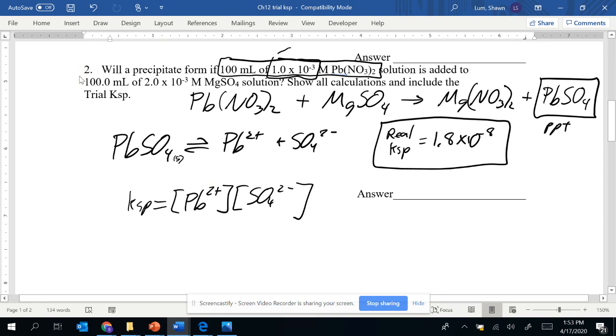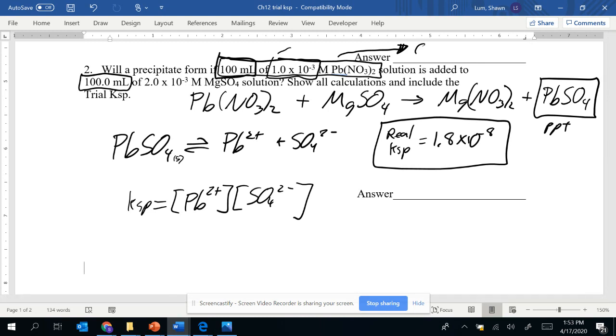But this question is kind of really nice since they are equal volumes of this. What it actually does, it takes the concentration of lead, and since you're just doubling the solution, that means since you double the volume, you half the concentration. So the new concentration of this lead right here is going to be half of what it originally is.